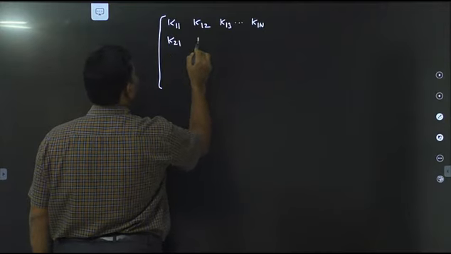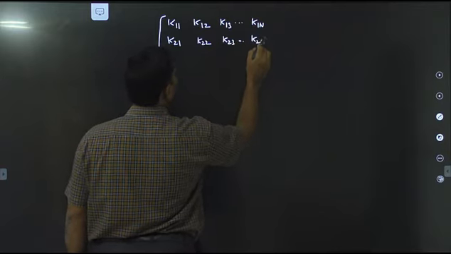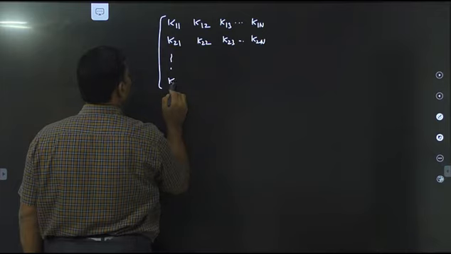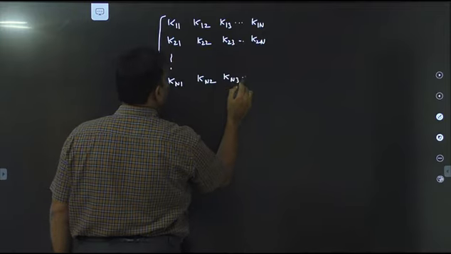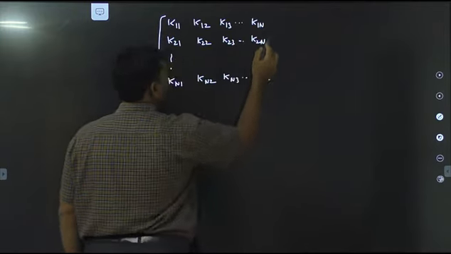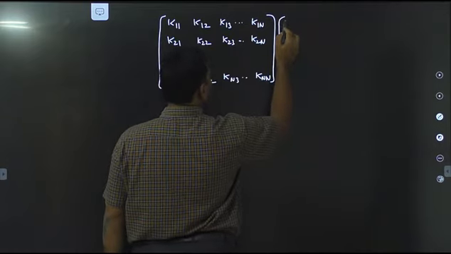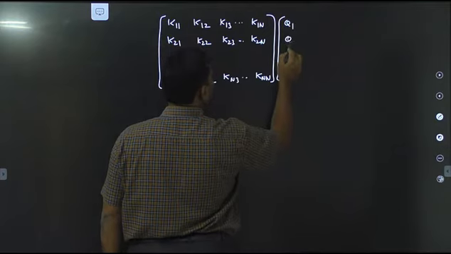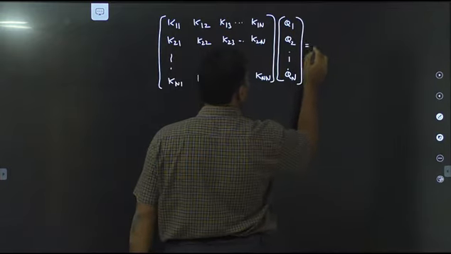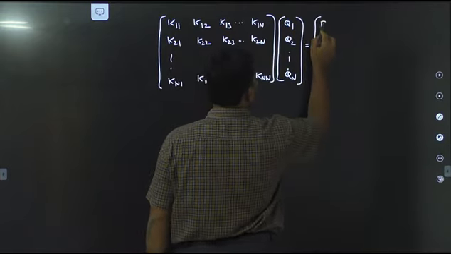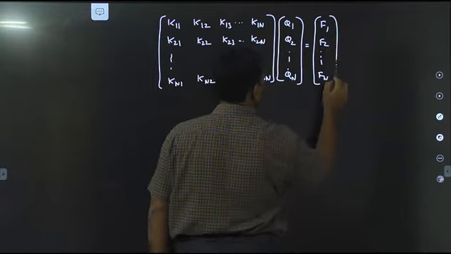K21, K22, K23 and so on, it ends with K2n. Ultimately Kn1, Kn2, Kn3 and so on, it ends with Knn. This is the global stiffness matrix into the global displacement matrix, a column matrix with the elements Q1, Q2 and so on, ending with Qn, which equals the global load vector having the elements F1, F2, F3 and so on, ending with Fn. Like this.